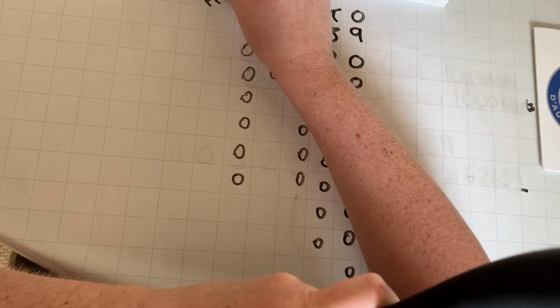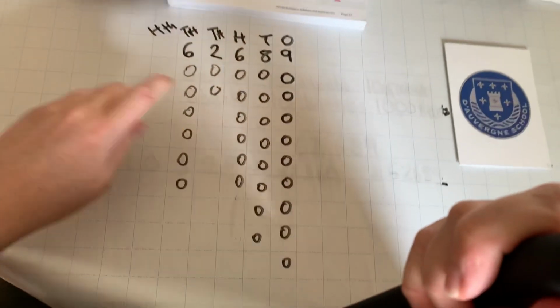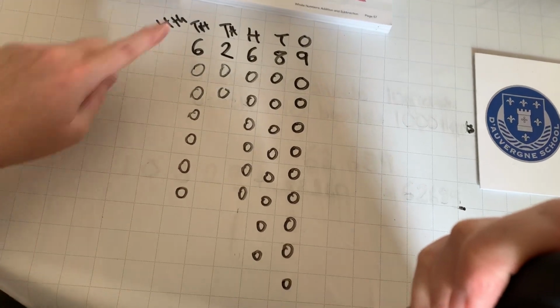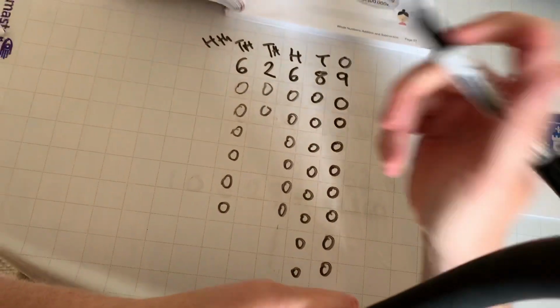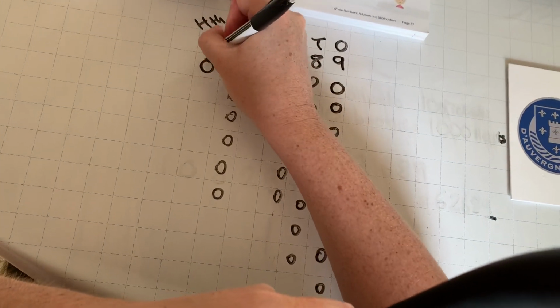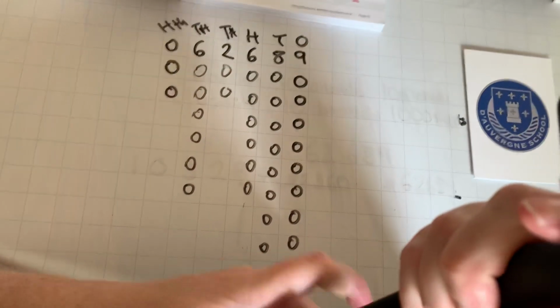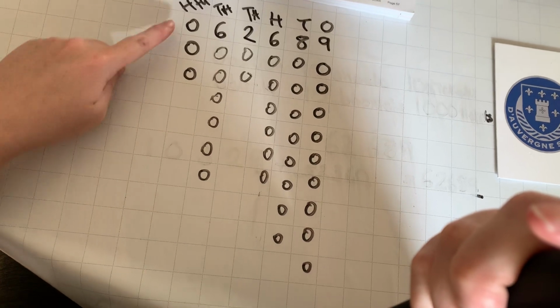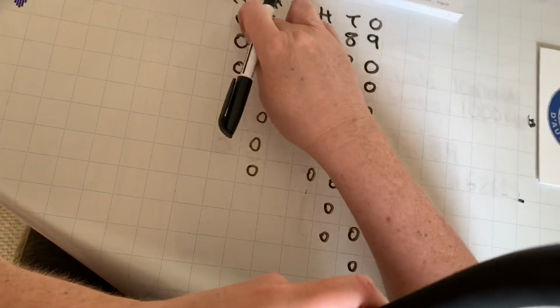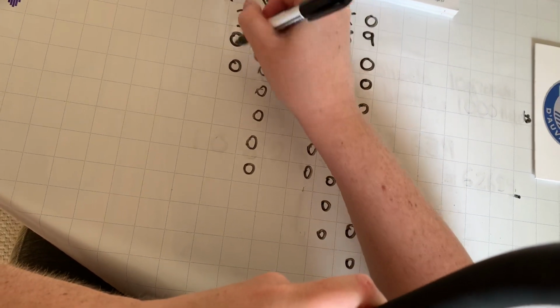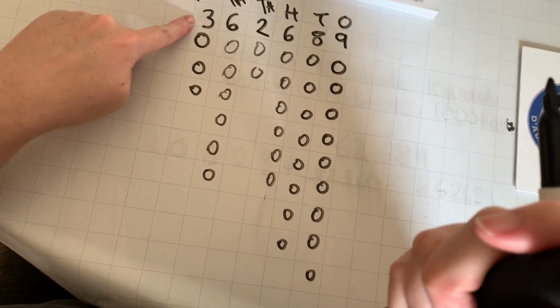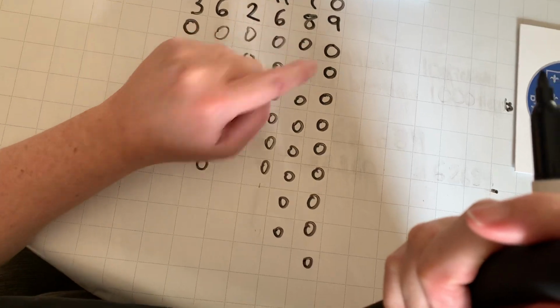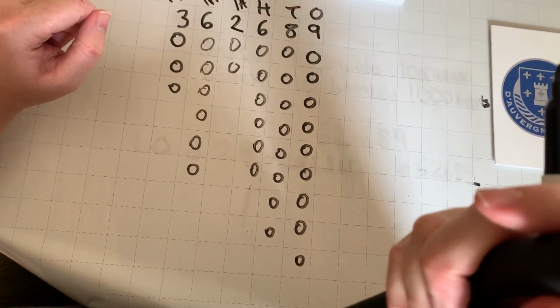Then we have our 100,000s. Currently, there are no 100,000s here, but we would like to add 300,000s. Okay, so we add 1, 2, 3. Okay, we can see that there are 3 there, which changes our number into 362,689.